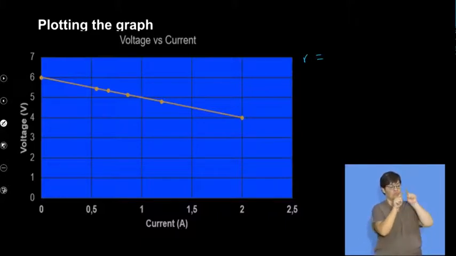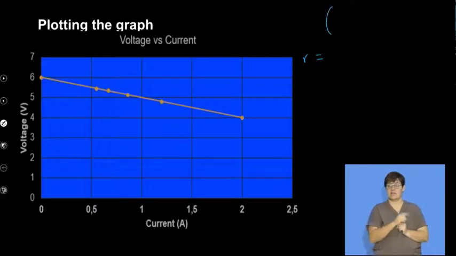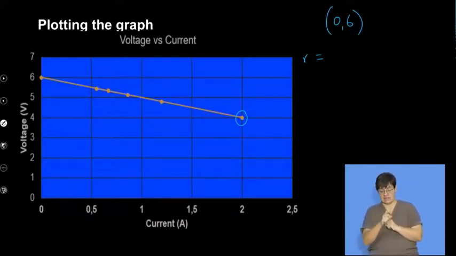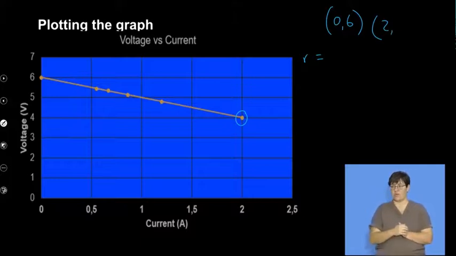So we can take any two coordinates there. The first coordinate, we can use the (0, 6), which is the intercept, and also we can use the other point, which in this case is going to be (2, 4).